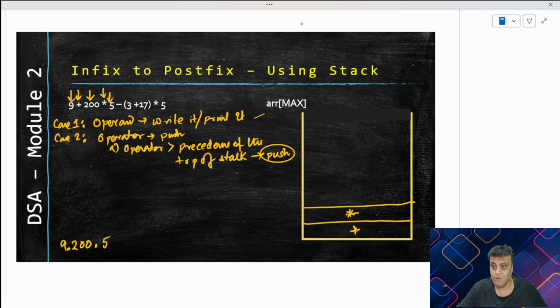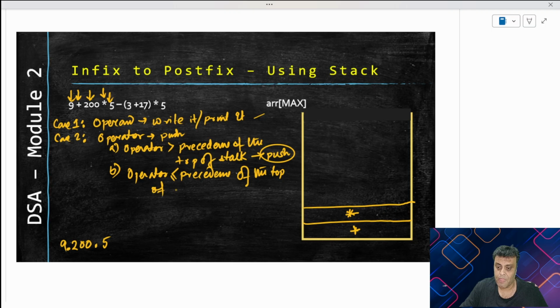So if the operator is not of higher precedence, so if the operator is less than or equal to the precedence of the top of the stack, then pop the operator that is of the higher precedence.